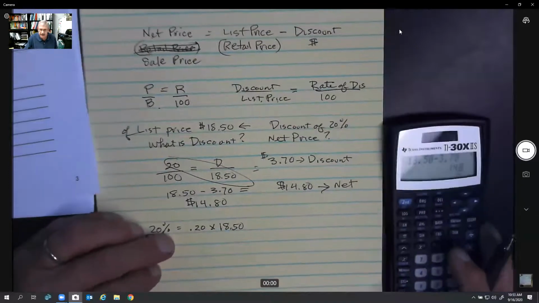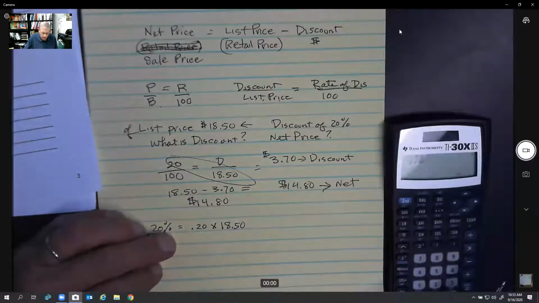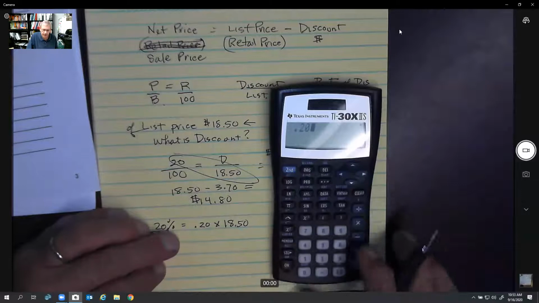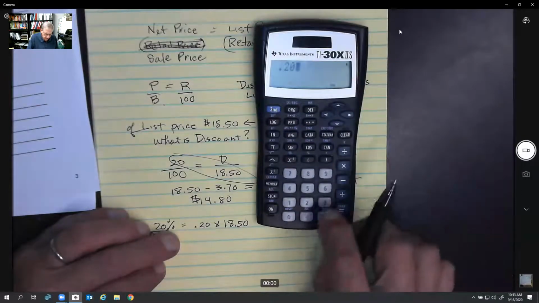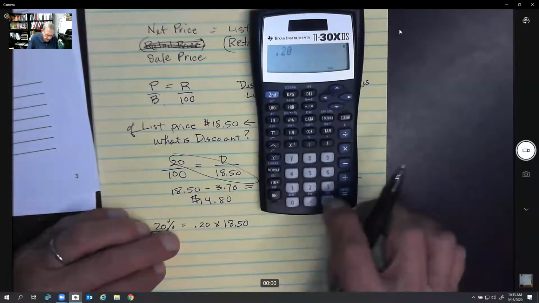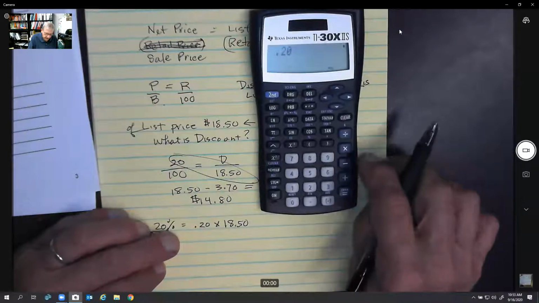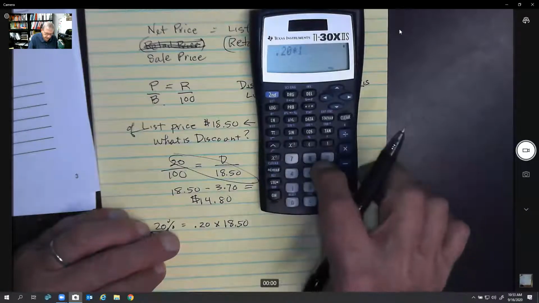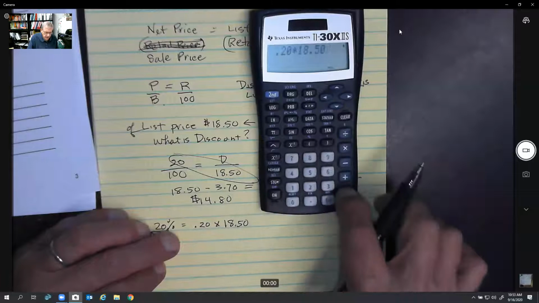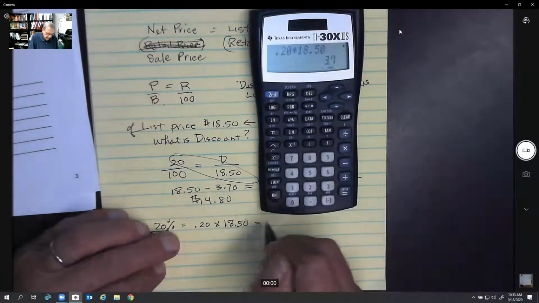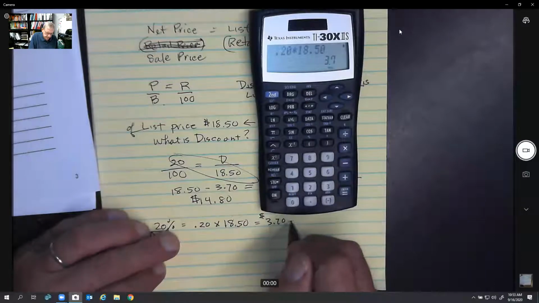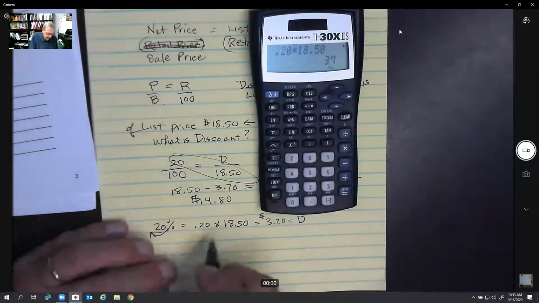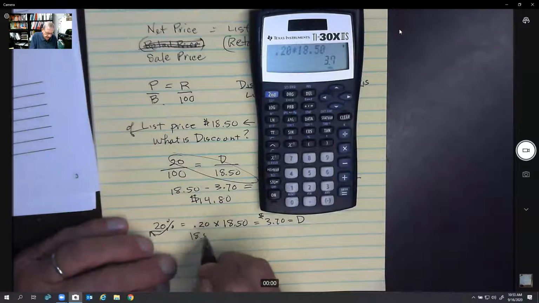0.20 times 18.50, let me put it up here so you can see a little better. 0.20 times 18.50 gives 3.70. That's the amount of discount. And then we're going to just subtract that from the 18.50.